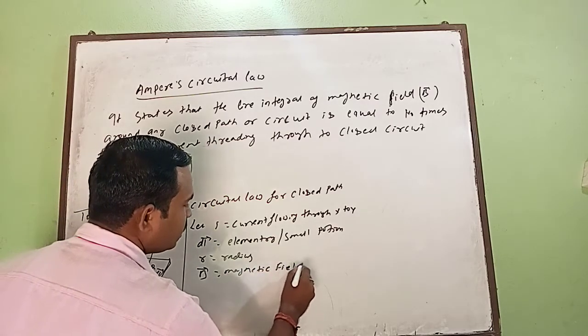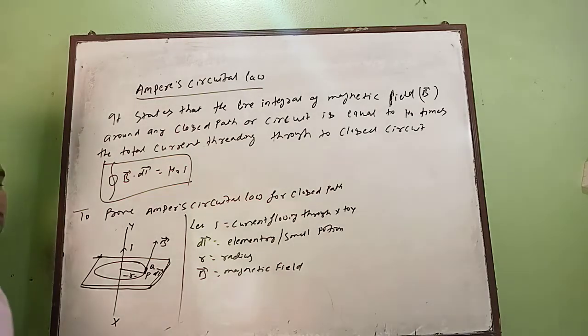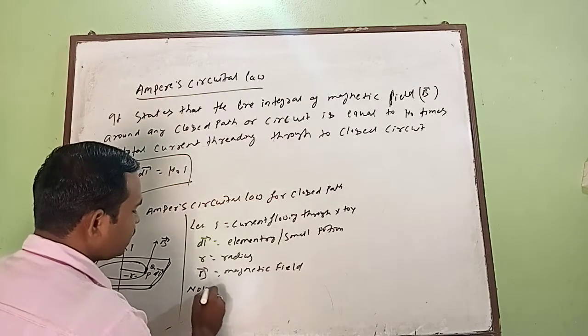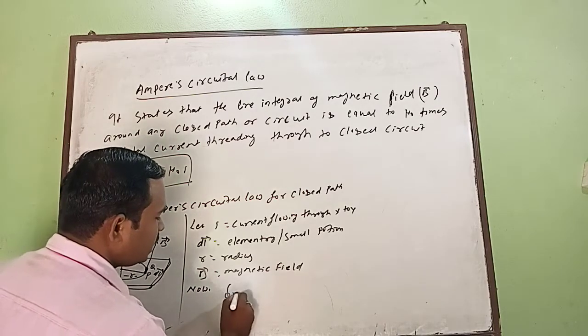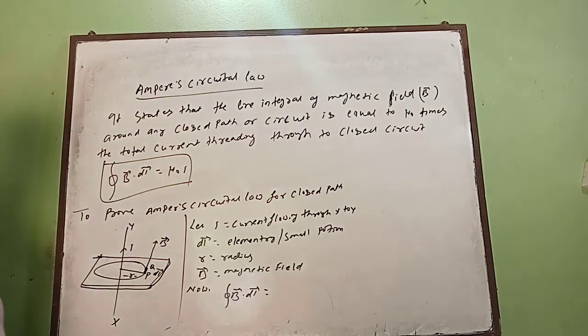Is it clear? So you can write these. Now according to the statement, we have closed integral B dot dl. What you will write, B dot dl you can write here.